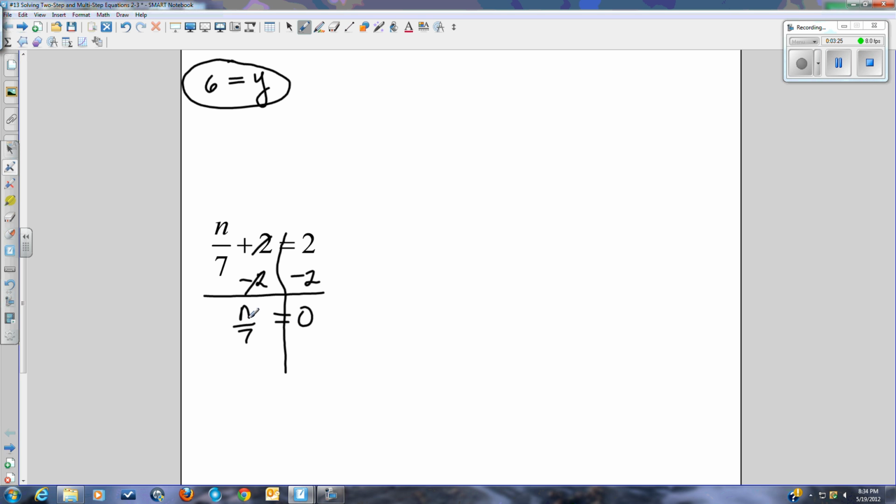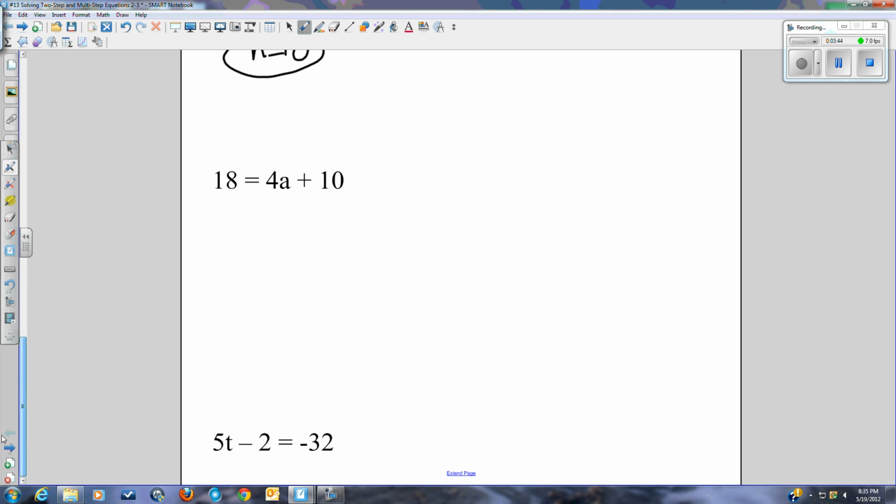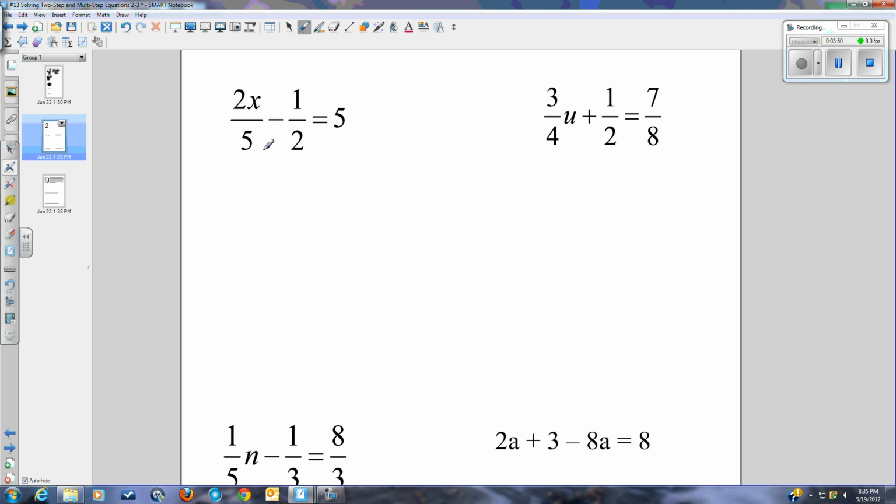We want to get n alone. N is being divided by 7. The opposite of dividing by 7 is multiplying by 7, so we do that on both sides. The 7's on the left cancel. 7 times 0 is 0, so we have n equals 0. I'm going to have you do the next two on your own. Try those, and let's move on.